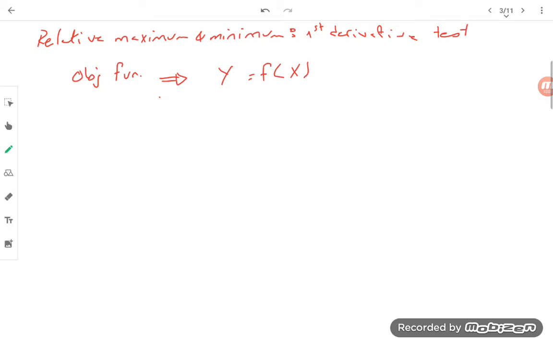If y is a constant, say for example 5, then for any value of x, y would be 5. So there isn't any choice to be made regarding optimization, whether maximization or minimization of y.